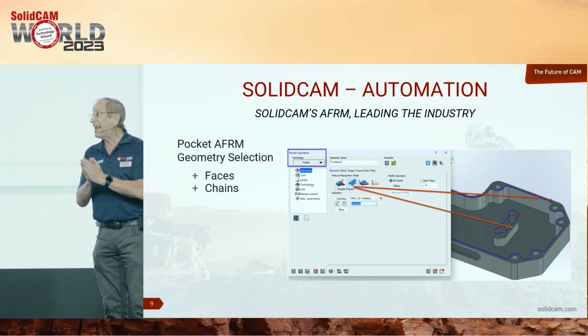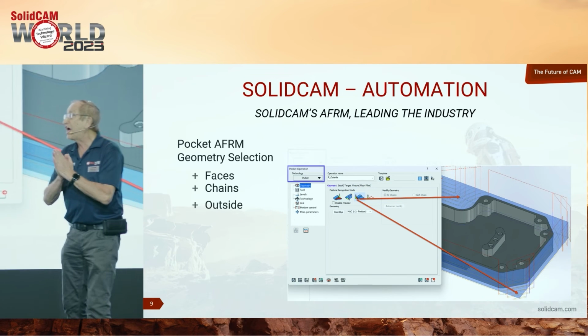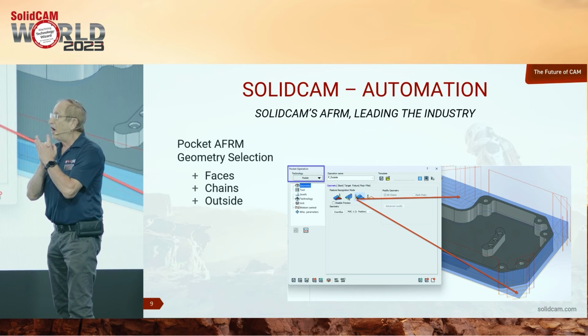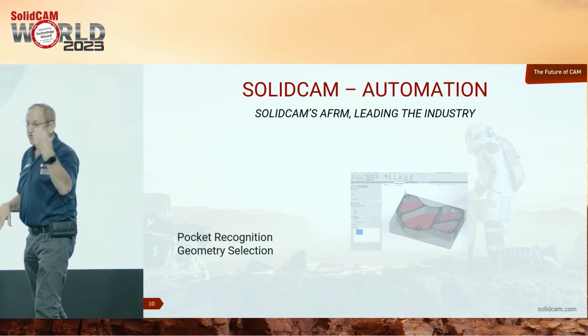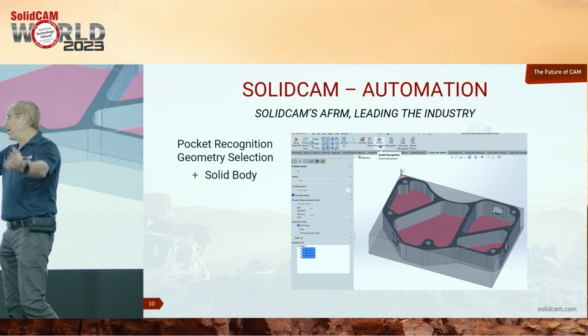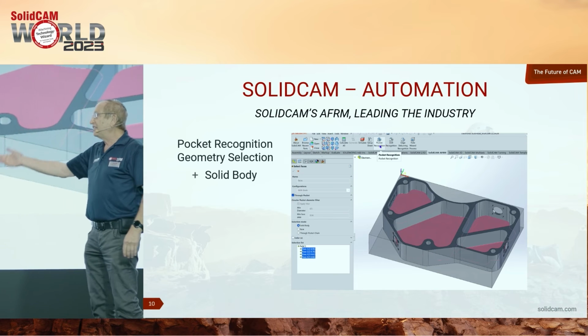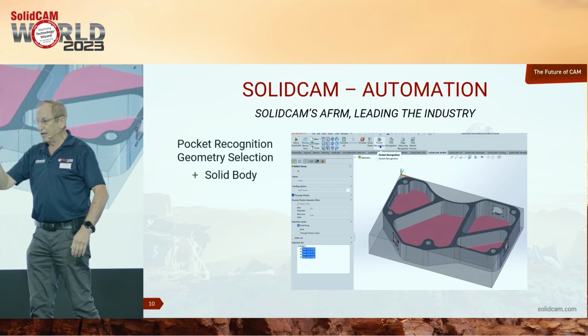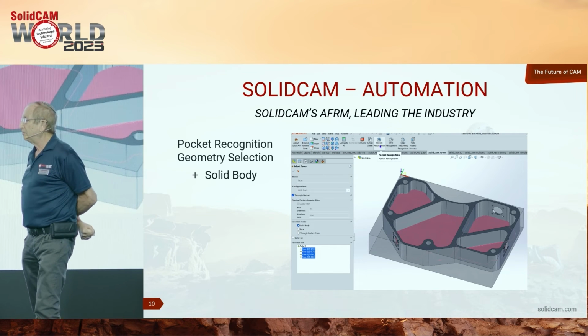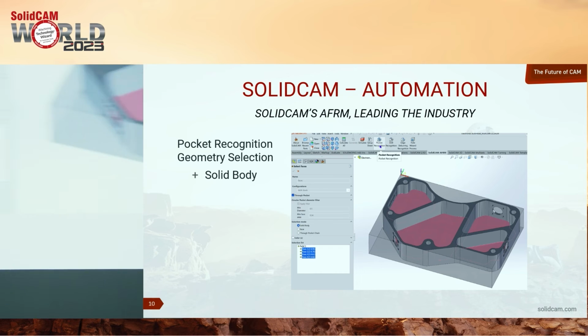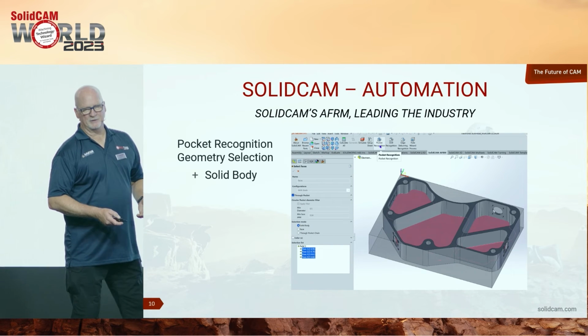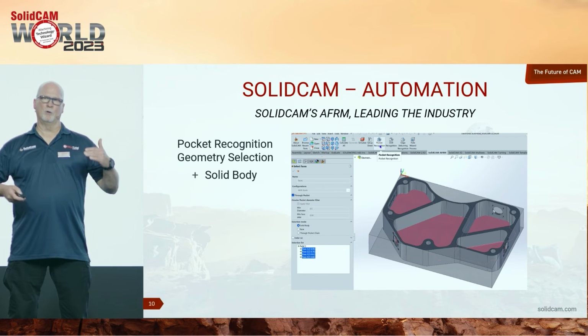So our pocket operation now also has automatic feature recognition, including faces and the chains and the outside, which I always like. Now, what that does for us is allows us, even in pockets, to take advantage of that feature recognition for the multiple depth pockets.